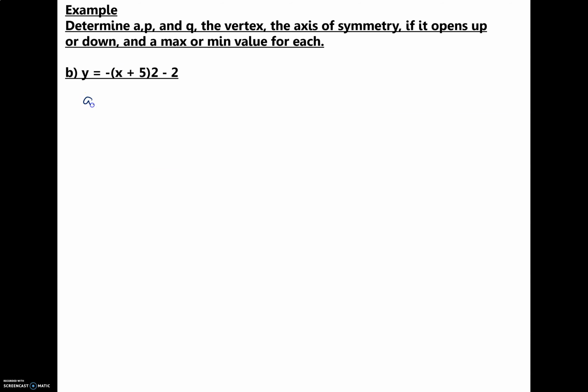Next example, a, p, q. Now just remember that 2 should be written as a power. a value is a -1, so here it is in front. p value, write the opposite, -5. q value is -2. Vertex is happening at -5 and -2.